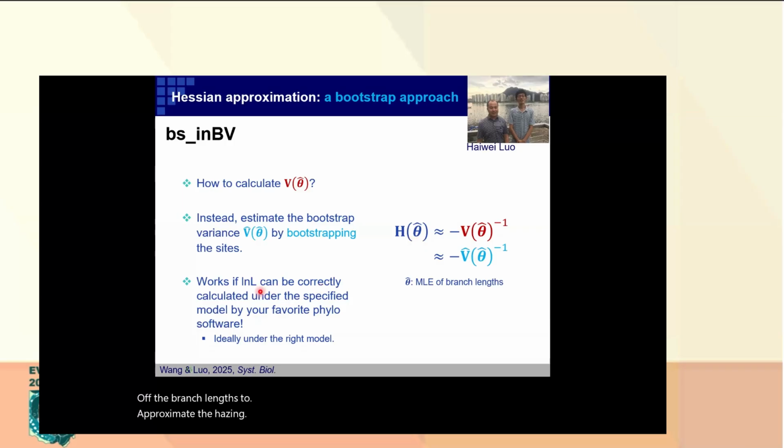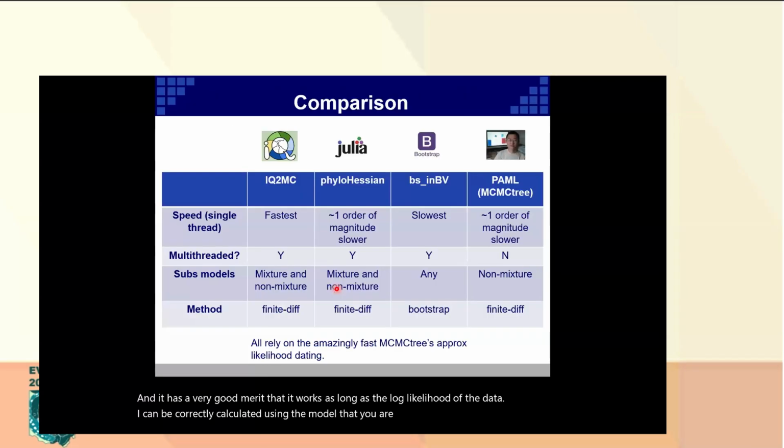And it has a very good merit that it works as long as the log likelihood of the data can be correctly calculated using the model that you are specifying. So at the end, as a comparison, as I mentioned earlier, we have the very fantastic IQ2MC, which is developed by the team of IQ-TREE.